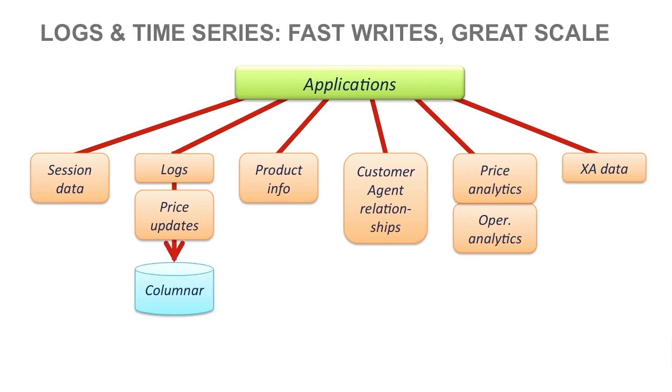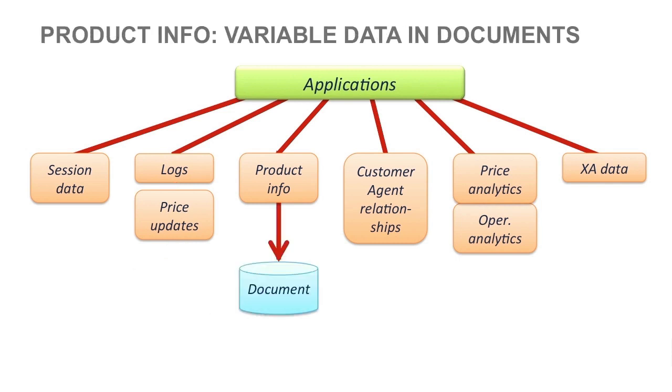In dealing with logs, particularly when the values are coming with great speed, columnar stores would be very useful. We can also organize our data so that we have a product and every price update can be stored in a separate column with the timestamp as the name of the column. Product information that can vary in its format can be best stored in a document database.